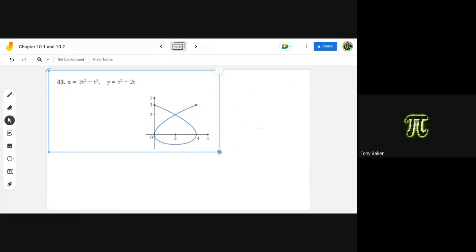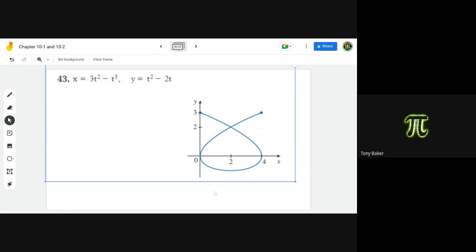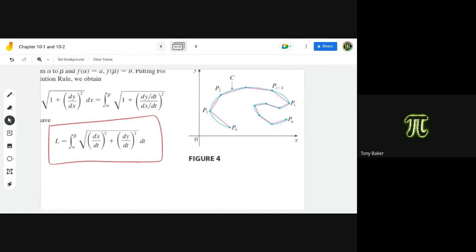All right, so let's find the arc length of this problem. Remember the formula?